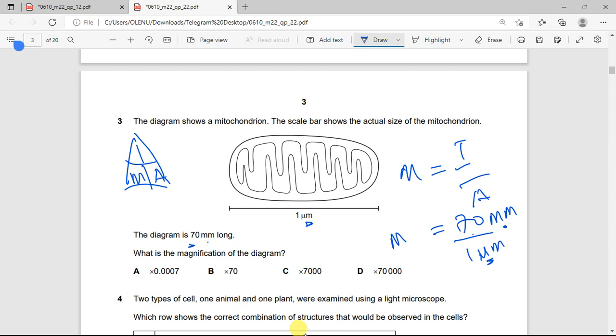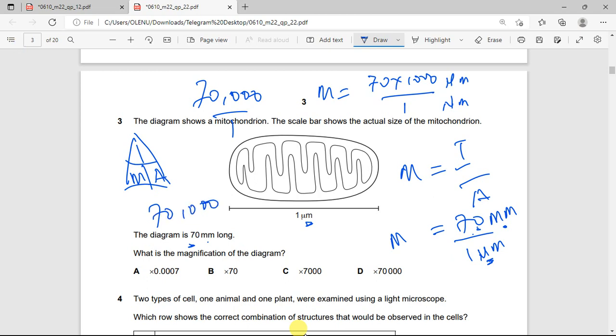How do you convert from millimeters to micrometers? You multiply by 1000. So M will be equal to 70 times 1000 divided by 1. That will convert it to micrometers. So for me to be able to divide, that will be 70,000 divided by 1. So my answer will still be 70,000 micrometers. So that's D.